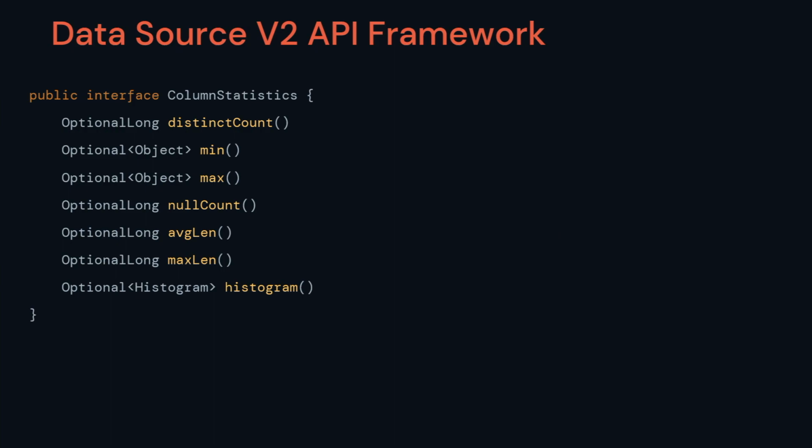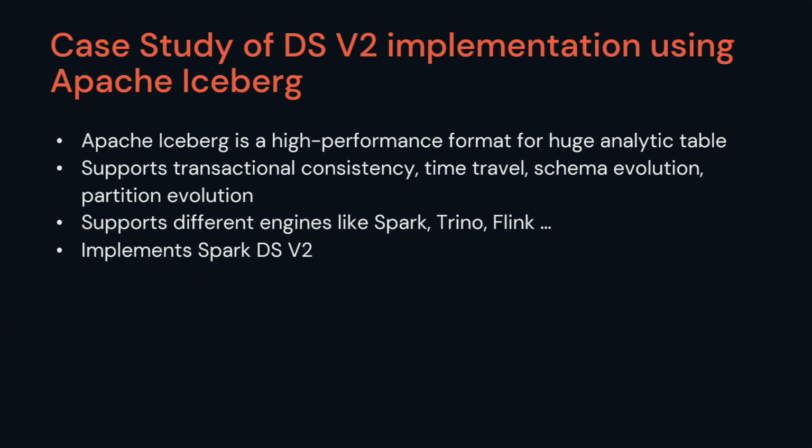I will use Apache Iceberg as an example to show you how we implement this column statistics interface and how we collect column statistics from the V2 data source. Just in case you are not familiar with Apache Iceberg, I will talk a bit about it.